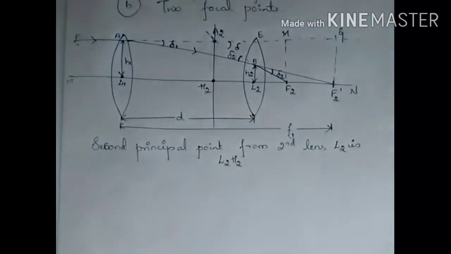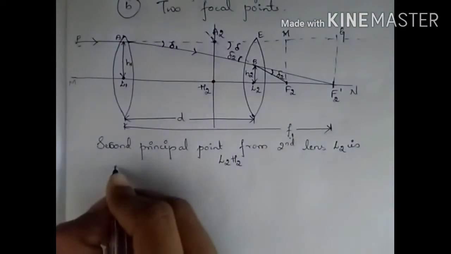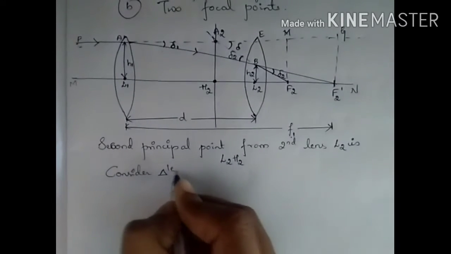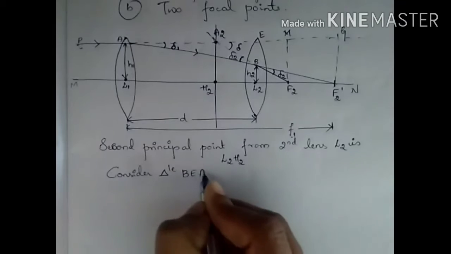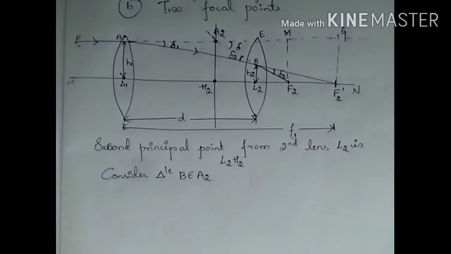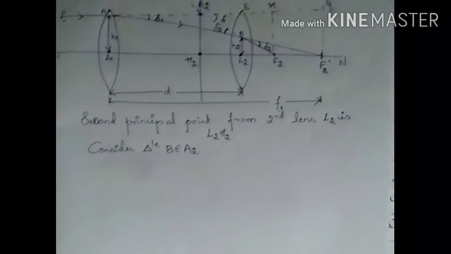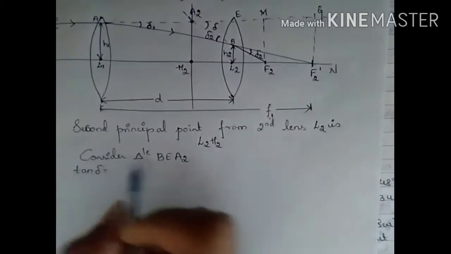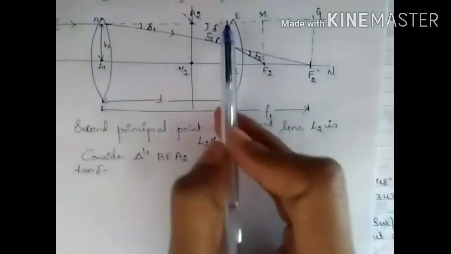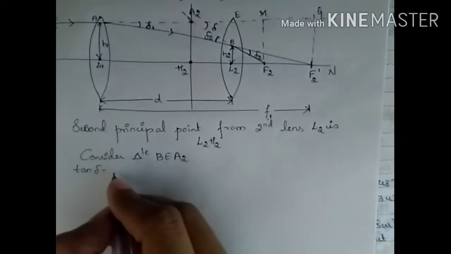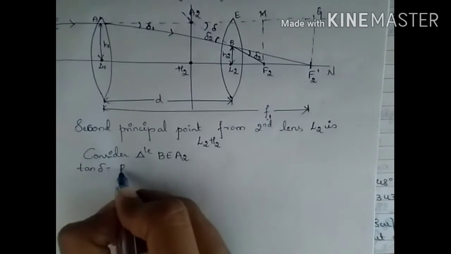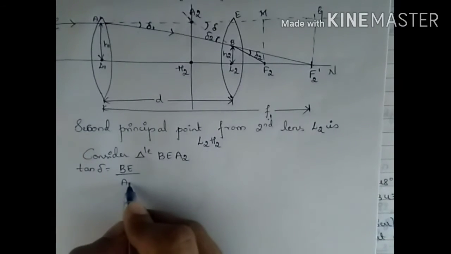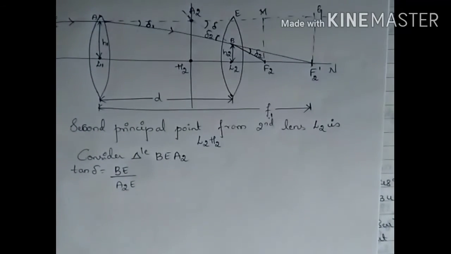So if you consider the triangle BEA2, from that triangle you can write tan delta is equal to what? So tan delta is BE by A2E.